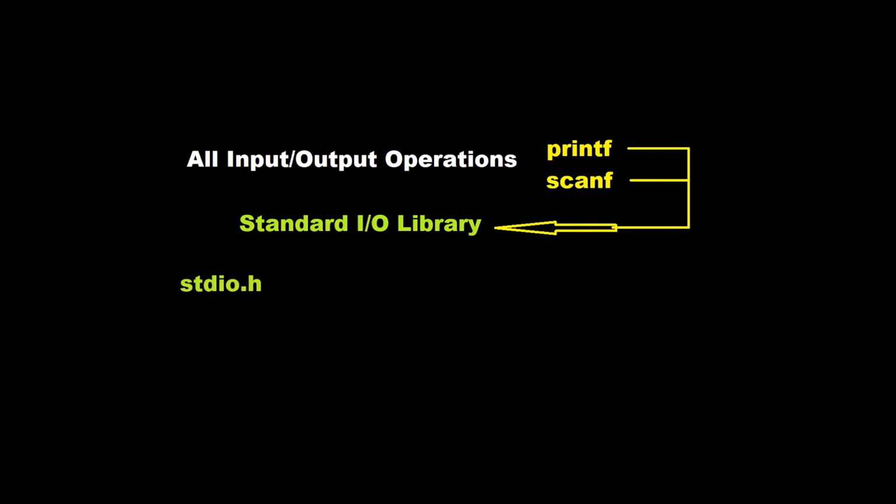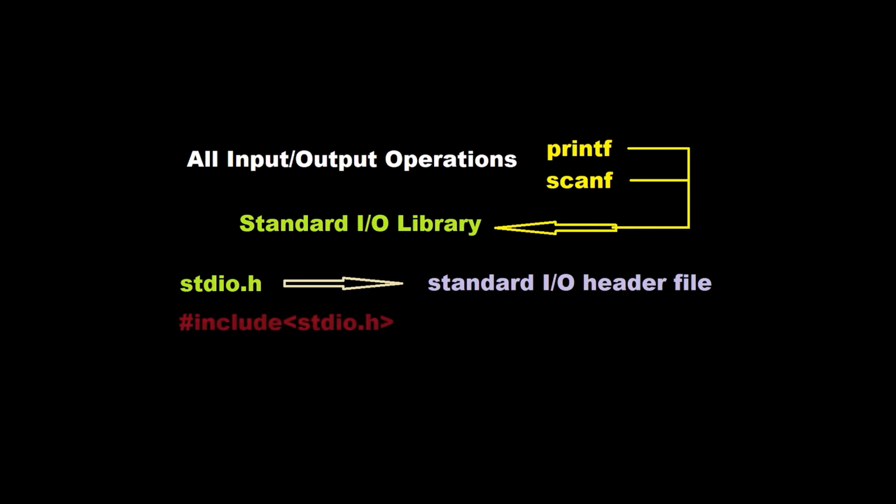The file name stdio.h is an abbreviation for standard input output header file. The instruction #include <stdio.h> tells the compiler to search for a file named stdio.h and place its contents at this point in the program. The contents of the header file become part of the source code when it is compiled.